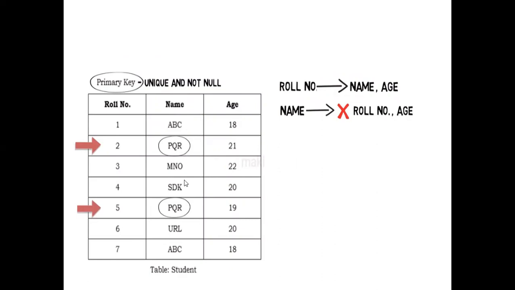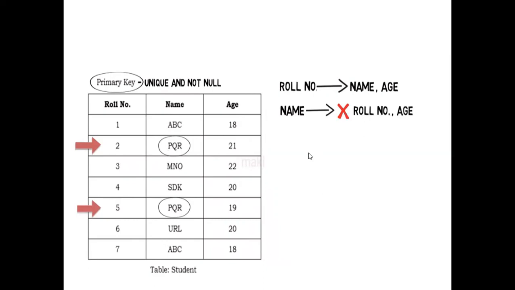Let's see over here with PQR. When I ask, what is the roll number of the student PQR, we will get two different answers. So with the help of a name, we cannot uniquely identify the roll number or age, and that's why it cannot become a super key.